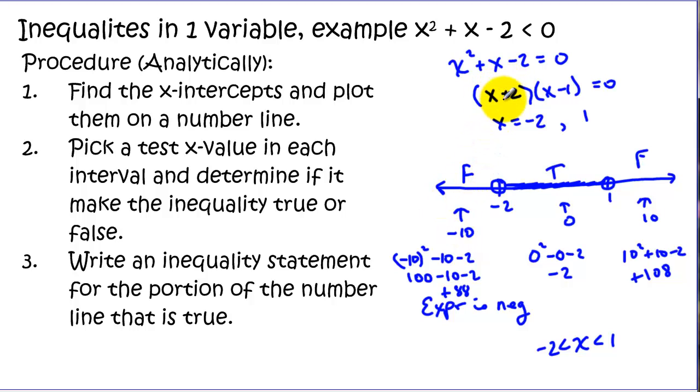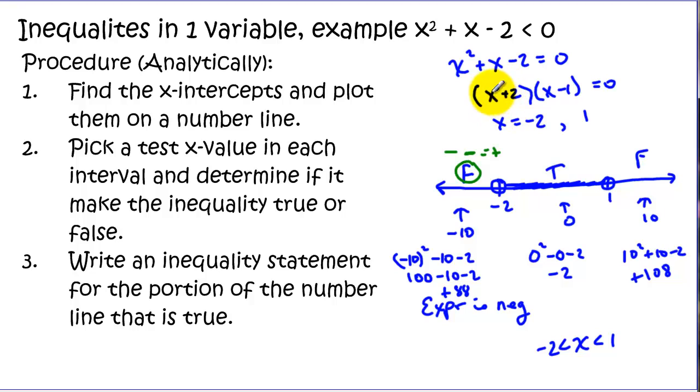This technique only works when the quadratic is factorable. If I put a big negative number into this factor, I get negative. And if I put a big negative number into here, I get negative, because negative 10 minus 1 is negative 11. So negative times negative is positive. And we know that that is false.